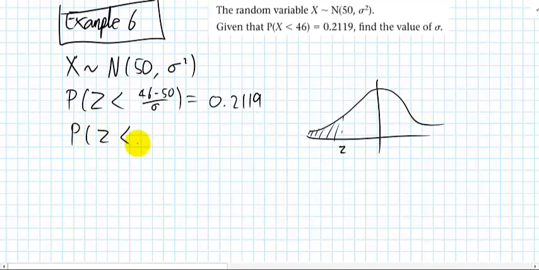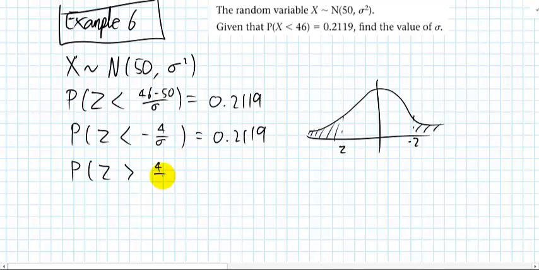We can see that if we work this out: it's minus 4 over sigma, and sigma is always a positive number, it's a standard deviation. So we'll have to use the symmetry to reflect. This will become minus z. That means the probability of z being bigger than 4 over sigma is equal to 0.2119.